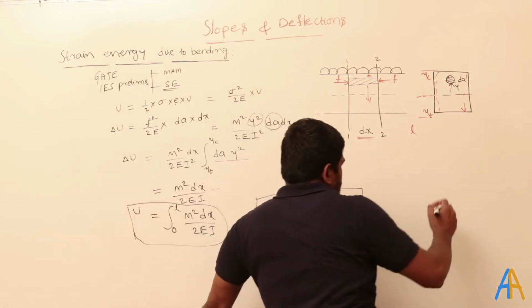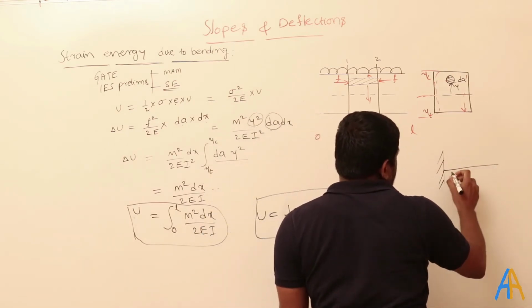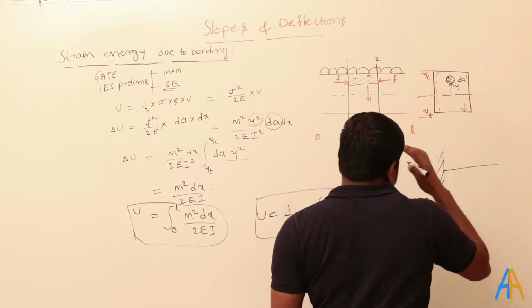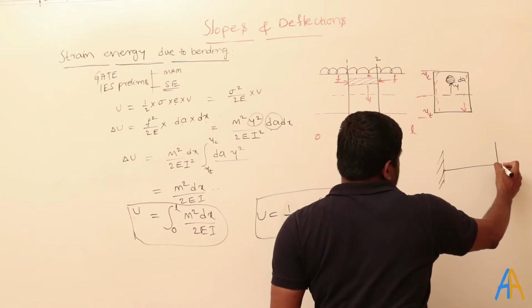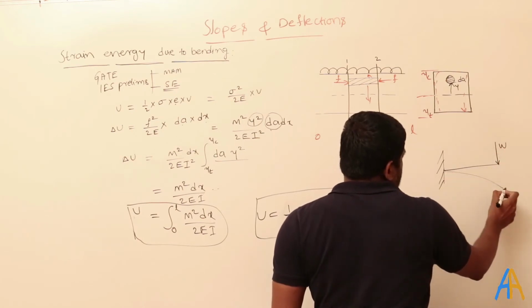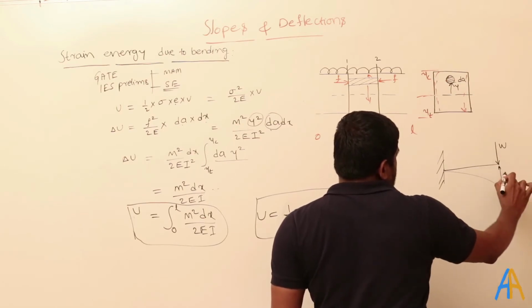For example, if you take a cantilever beam subjected to the force W, because of that there is a change in its position, that is a delta.